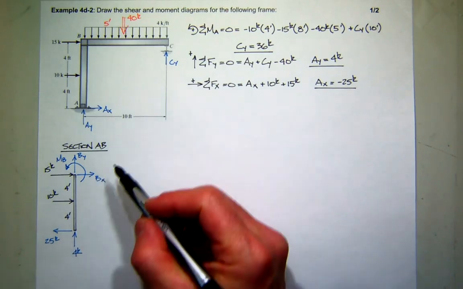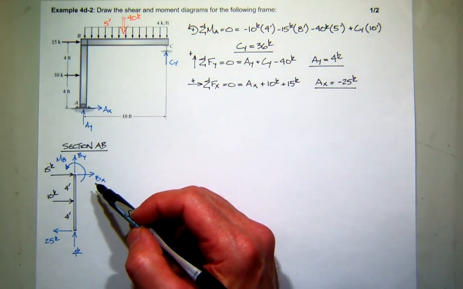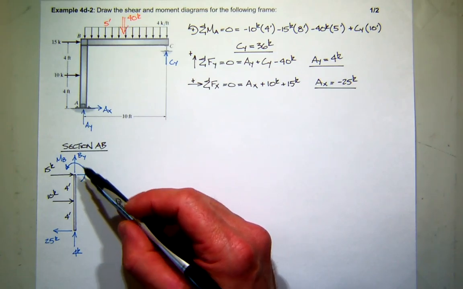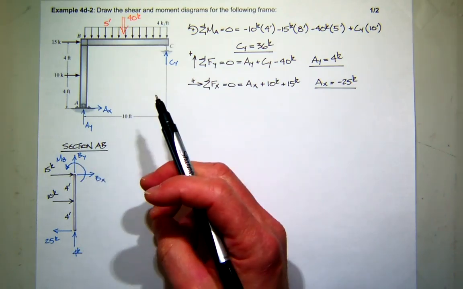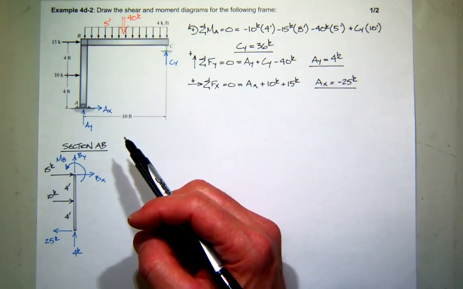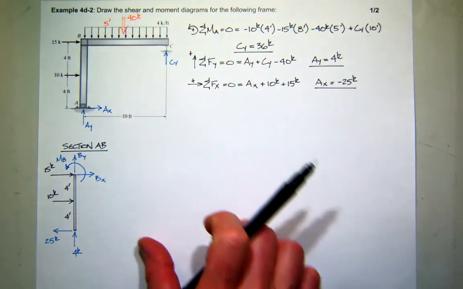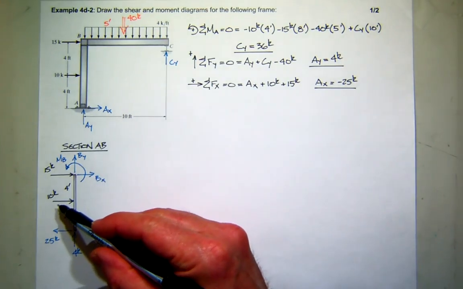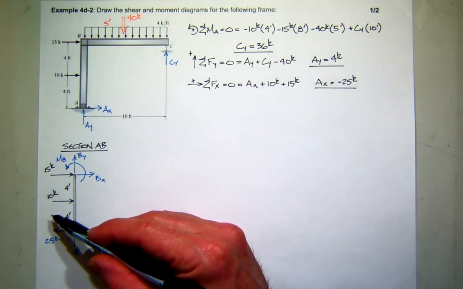Well, you just assume whichever direction you like, but remember that when you go to draw the shear force and bending moment diagram, we're going to have to go back and use the actual shear force sign convention and the bending moment sign convention. Since we usually take the structure and rotate it, this top edge we'll assume is the outside edge, the compression edge.